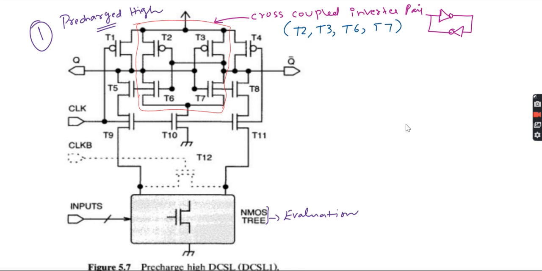These four transistors are the cross-coupled inverters. And which are the pre-charge transistors?